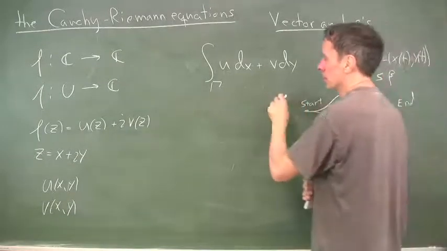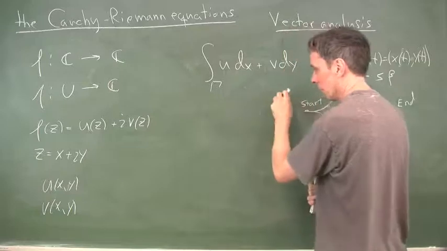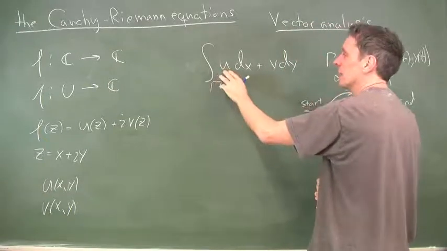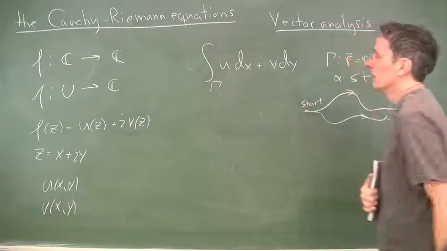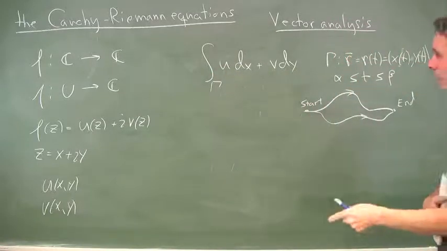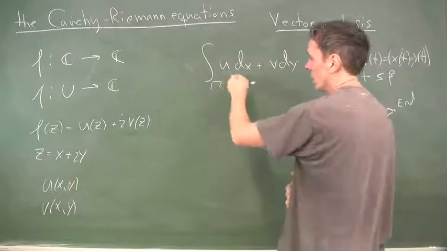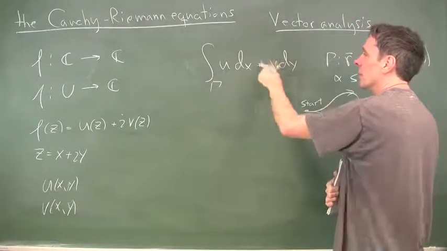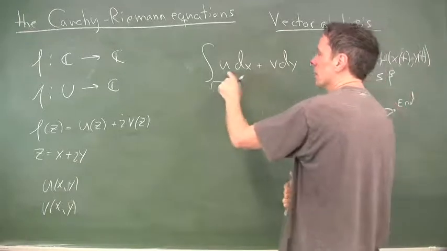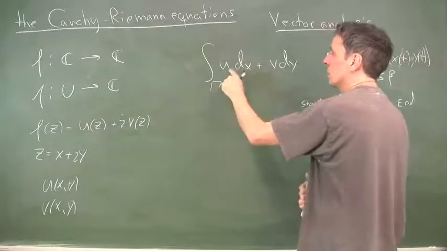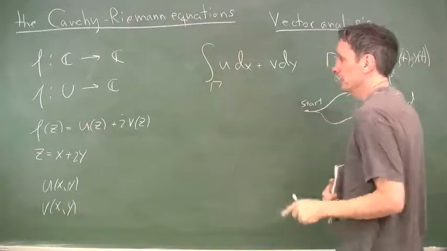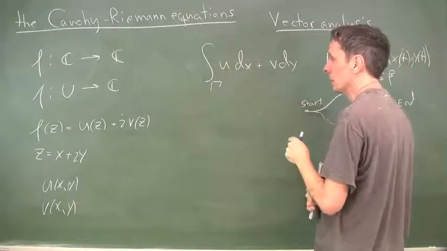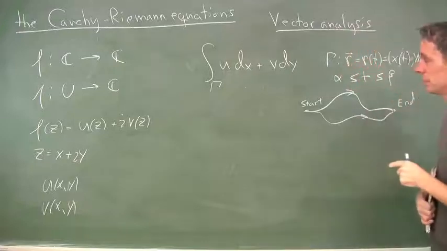It turns out, as you hopefully know, that the condition for this curve integral to be path independent in this sense, or at least locally path independent, is that the derivative of this function with respect to x should be equal to the derivative of this function with respect to y.